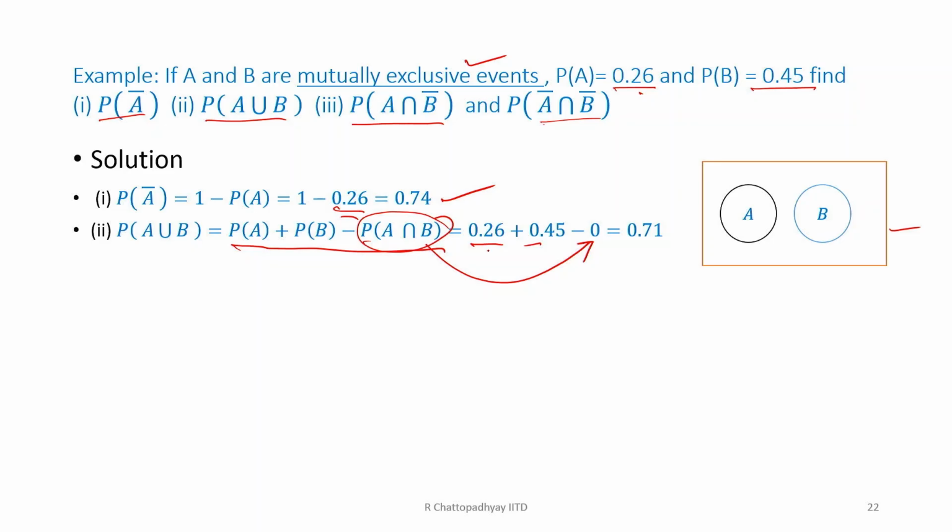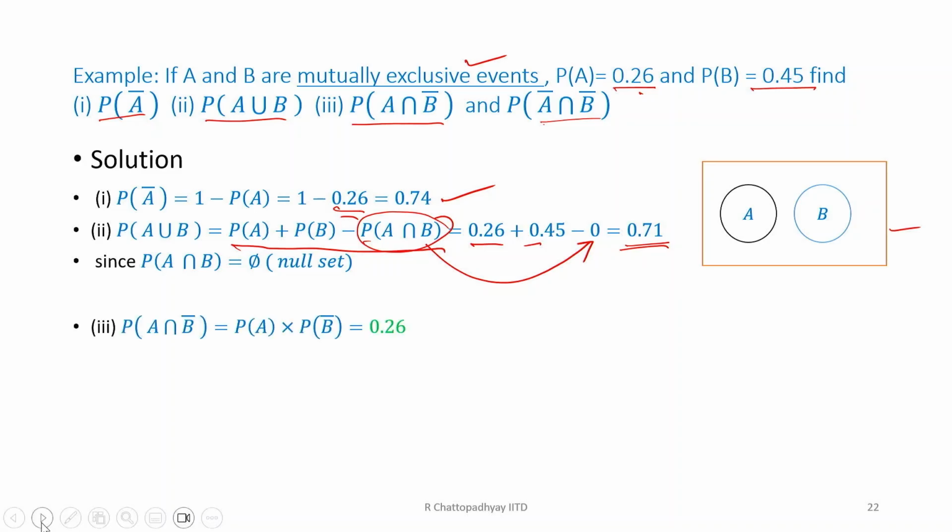And thus, the result is 0.71. Since P(A intersection B) is a null set, because there is no common area, because they are mutually exclusive. P(A intersection complement of B) is going to be P(A) into P(B complement). This value is going to be 0.26.